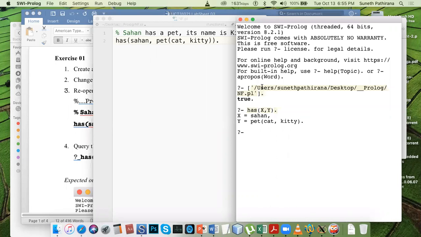Sahan, X becomes Sahan. That means Sahan has Y, this means that whole thing. Y means Sahan has what? Sahan has a pet. The pet is a cat. And the cat's name is Kitty.